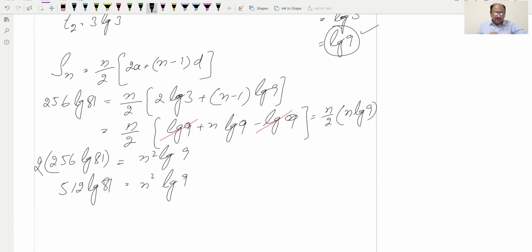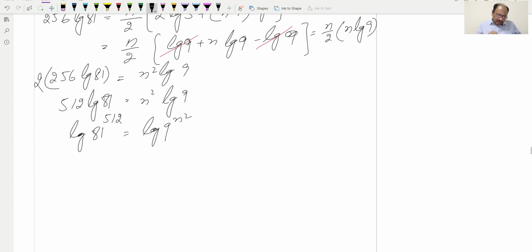Now we can rewrite log 81 as a power: log 81 raised to the power 512 is equal to log 9 to the n squared.